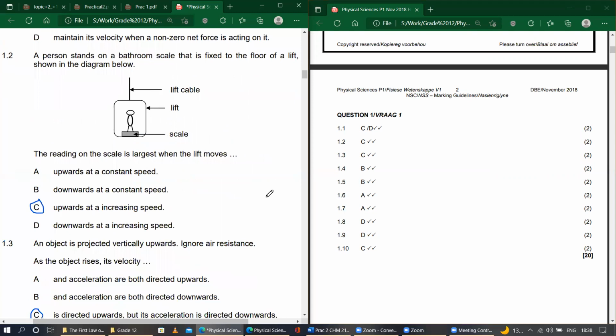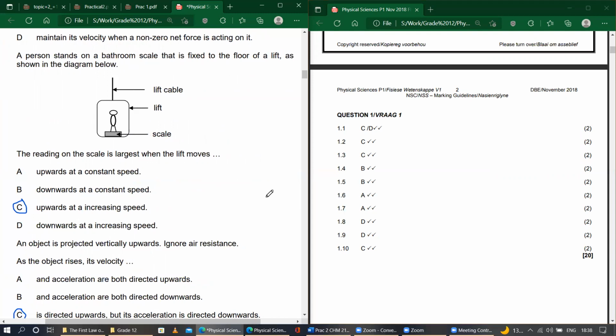Then they say the second question, when this person stands up on the fixed scale on the floor. You said the reading will increase when the lift is going up with increasing speed. Do you understand why it increases, or do I need to explain further? I understand, sir.